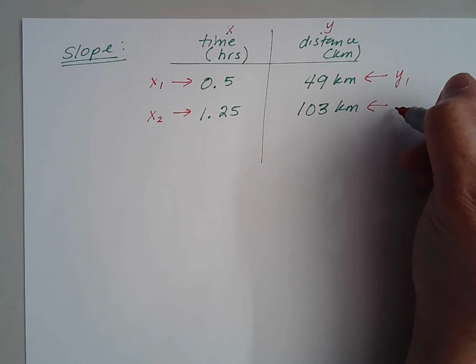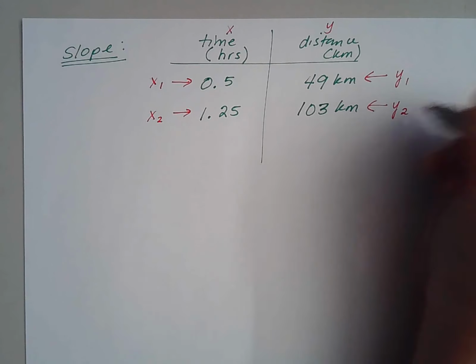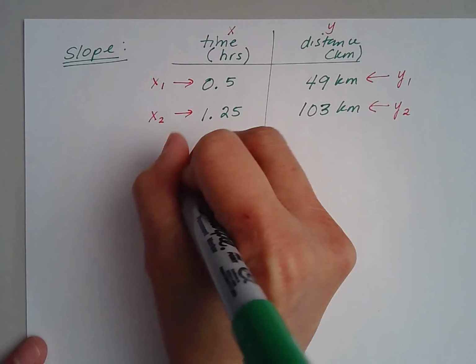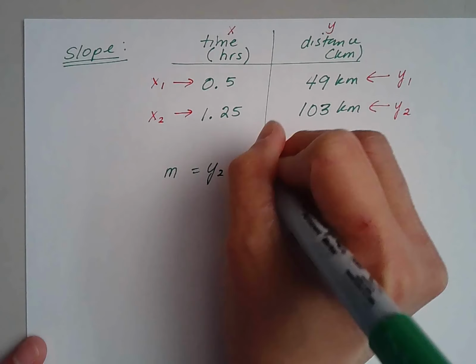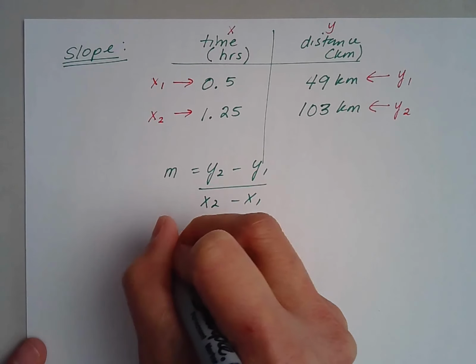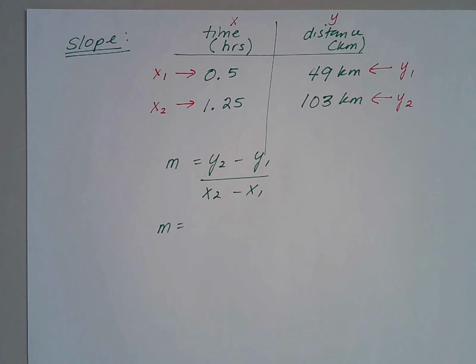This one here is second distance, so Y2. So we're going to use the slope formula to figure this out. Okay. So let's go ahead and put those values in.